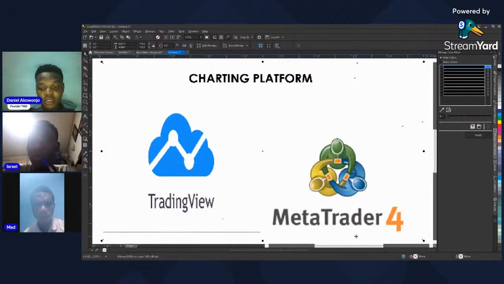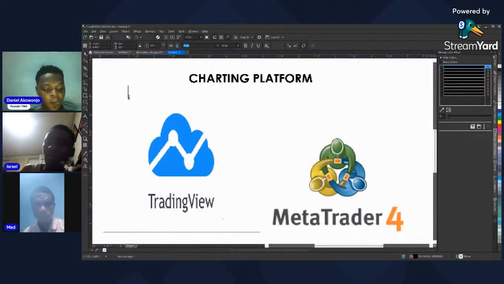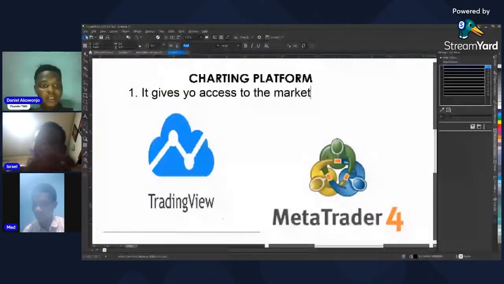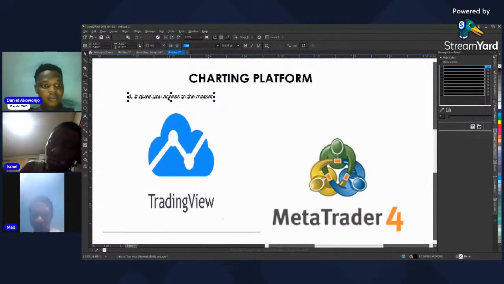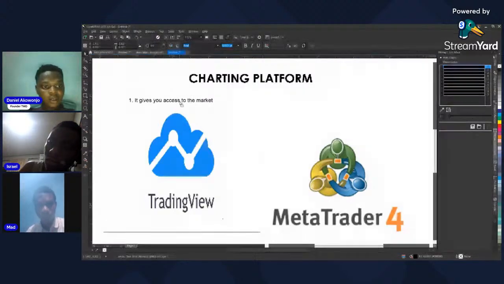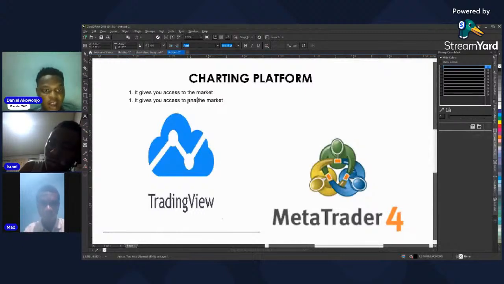What it does basically is, number one, it gives you access to the market. Number two, it gives you access to analyze the market.